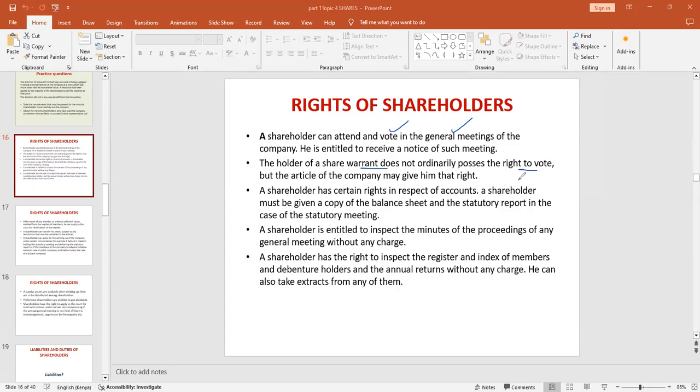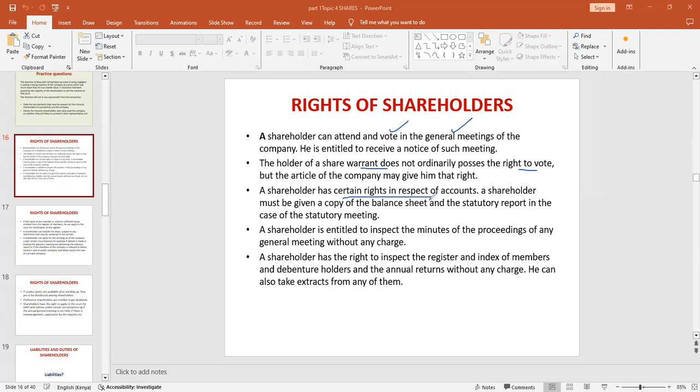But if the articles of association say otherwise, if the articles say people with share warrants can also vote, then in that case, someone who has a share warrant can vote. Otherwise, they won't. Okay.